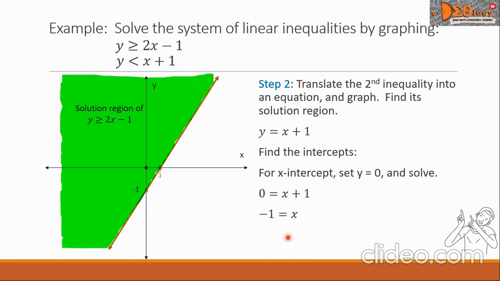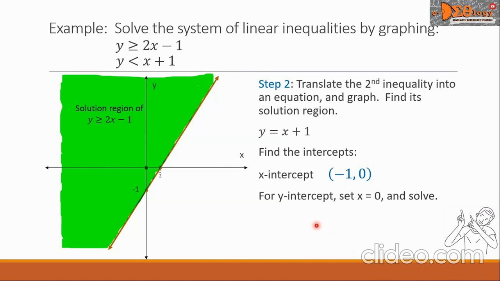We can simply interchange the position of the x and negative 1. So we have x equals negative 1. Writing the x-intercept as an ordered pair, so we have (negative 1, 0). Let us copy this beside the x-intercept so that we have a space for the y-intercept computation.